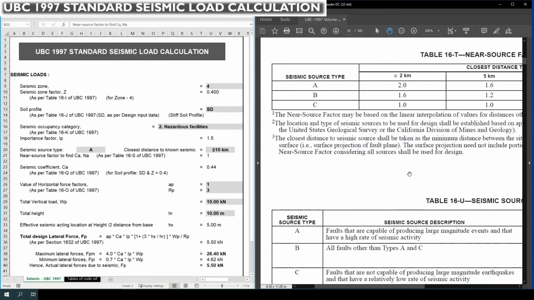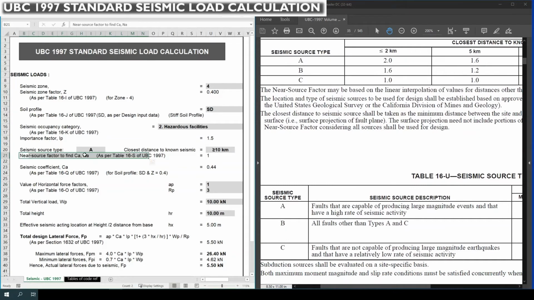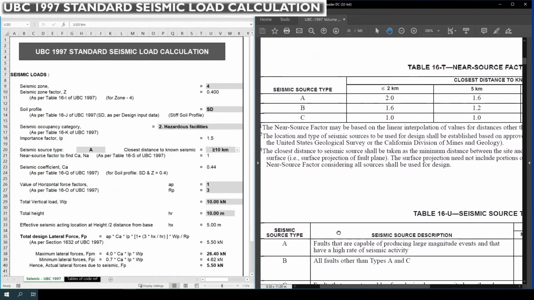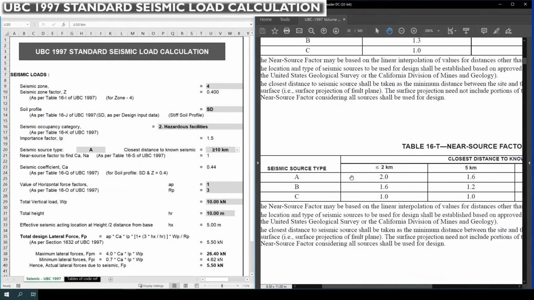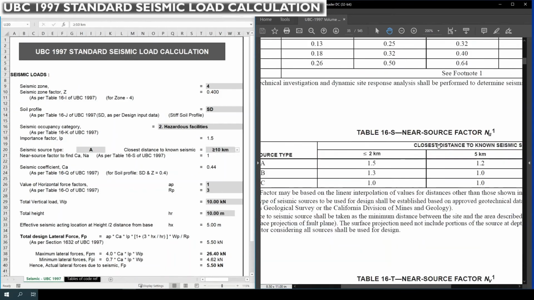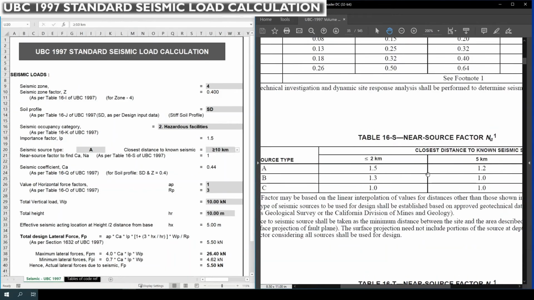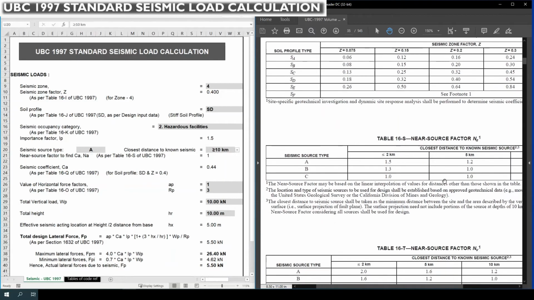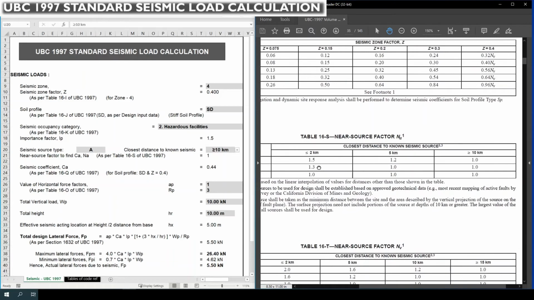Once after selecting this source type, for our case we can select this as A, and for closest distance to known seismic source we need to refer to the same table 16S. In that, in order to find the Na value, that is the near source factor, we need to select the closest distance.